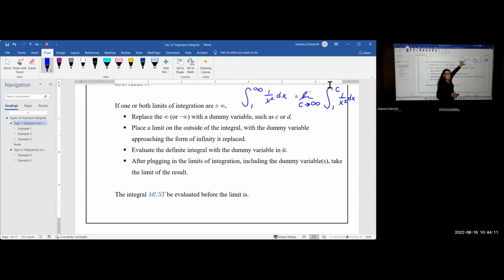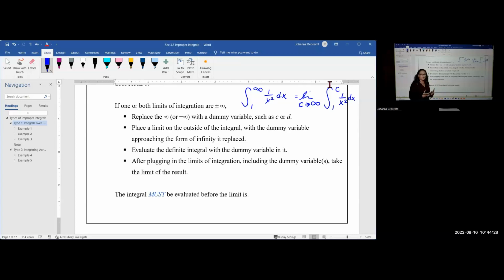In other words, the area under the curve from 1 to infinity between the curve and the x-axis is equal to whatever that limit value is. Now, if the limit does not exist, then I say that the integral diverges.